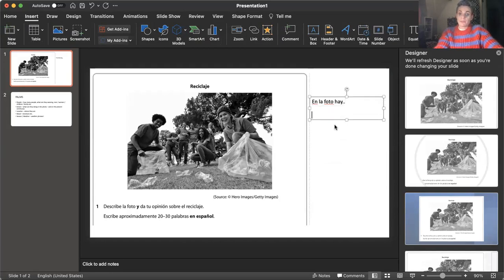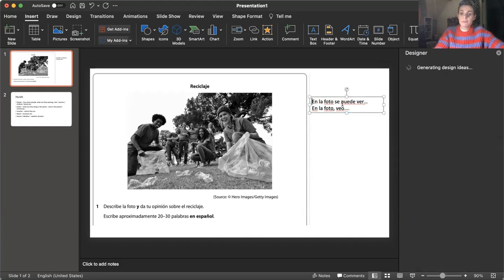You could also use a more advanced one. Sorry about the noise. En la foto se puede ver, you can see, or en la foto veo, I see. I'm going to use en la foto se puede ver for this one, because I know everybody uses en la foto hay.